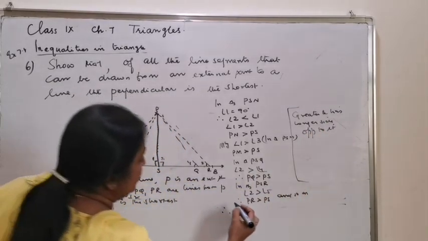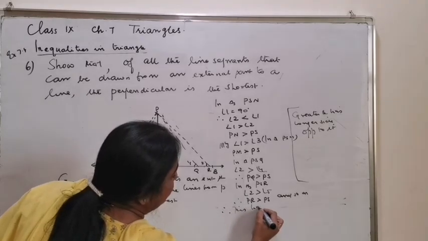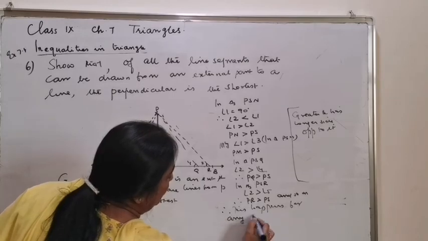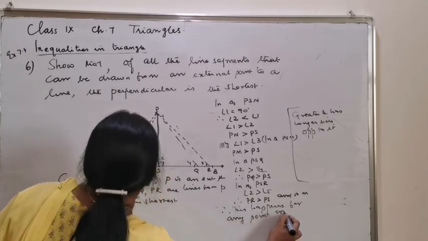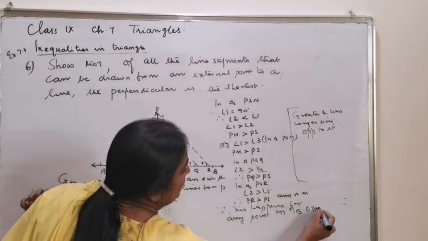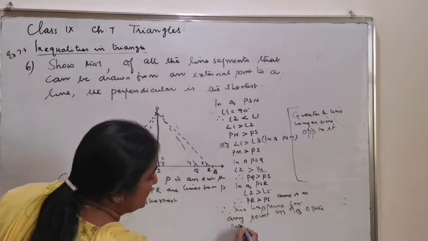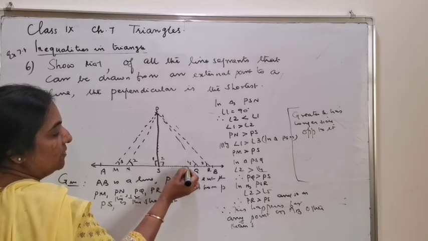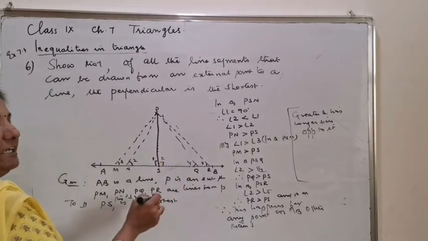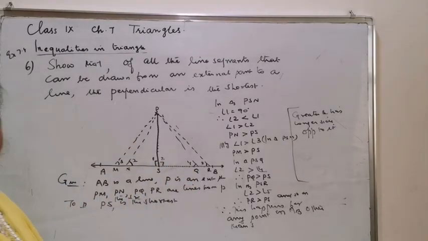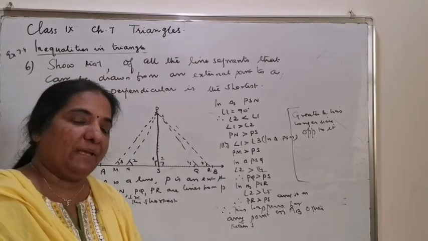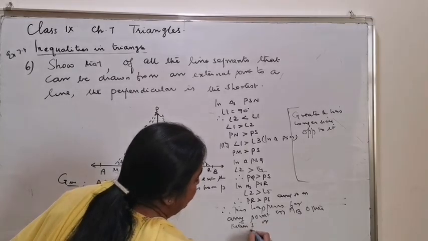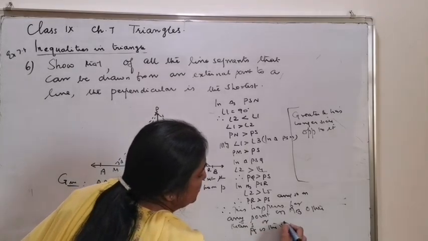And you can write, this happens for any point on AB other than S. That means wherever you take the point on the line segment, the line from P to that point will be longer than PS, so PS is the shortest.